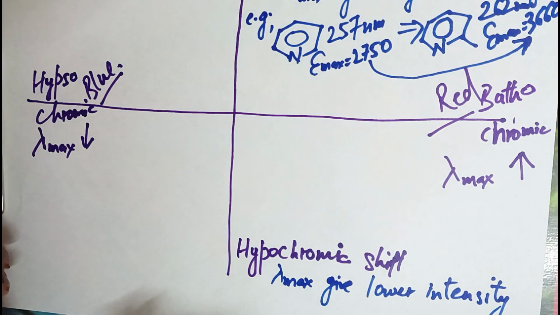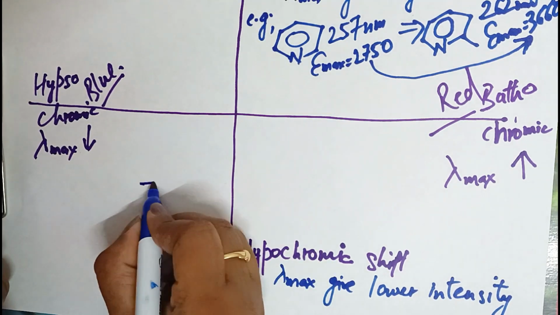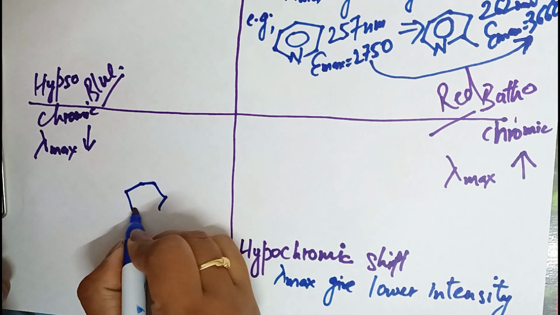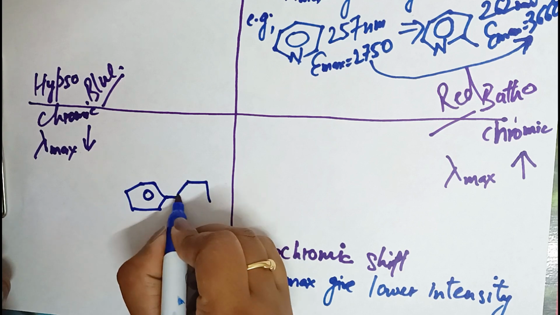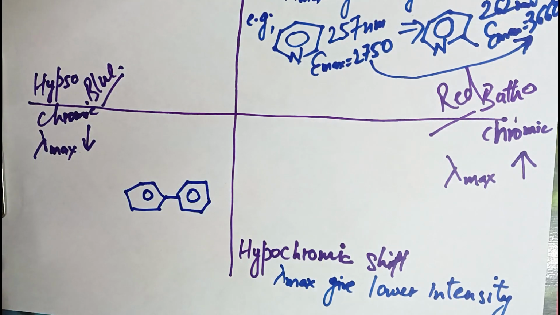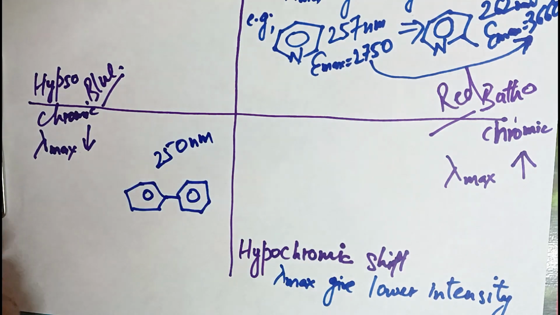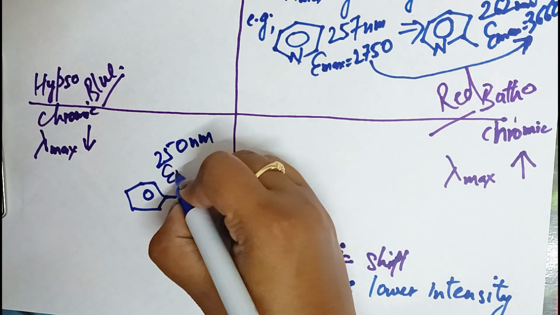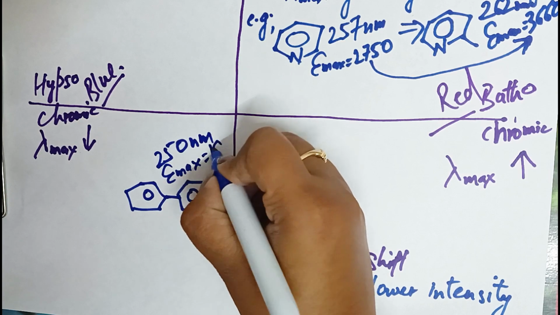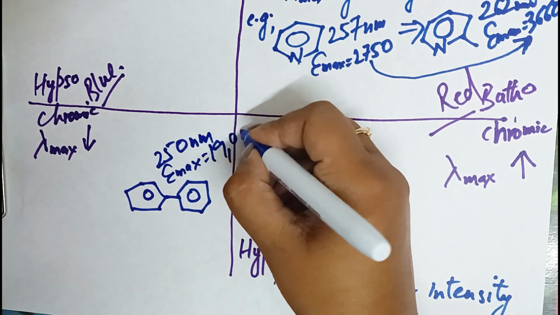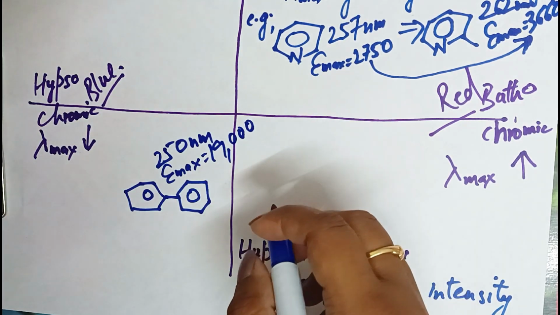Now an example could be of biphenyl. For example, if we have a biphenyl ring like this, here lambda max will be 250 nanometer and epsilon max will be 19000.